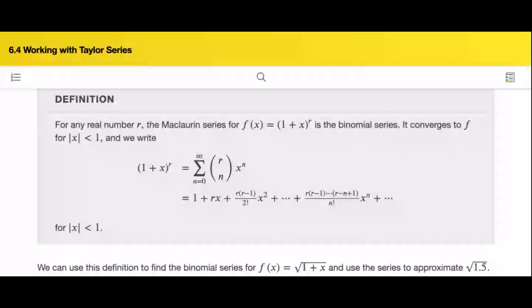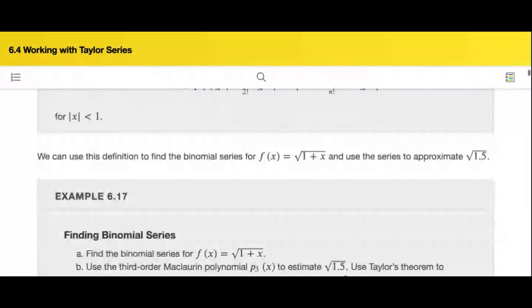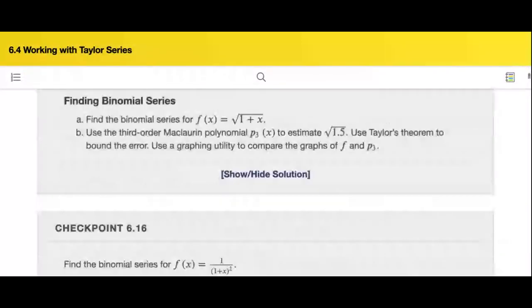Now, let's put this to use. Let's see an example. We want to find the binomial series for the function square root of 1 plus x. Then we want to use this to estimate the square root of 1.5.